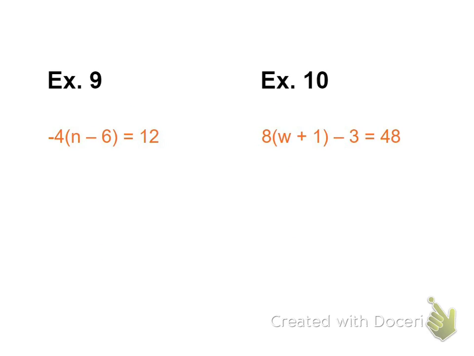Let's talk about number 9. We already said our first step is to distribute. What are we distributing? The -4 gets distributed into the parentheses. This is why we had a whole lesson about distributing, because we need to be able to do it for this. When we distribute, what do we get?